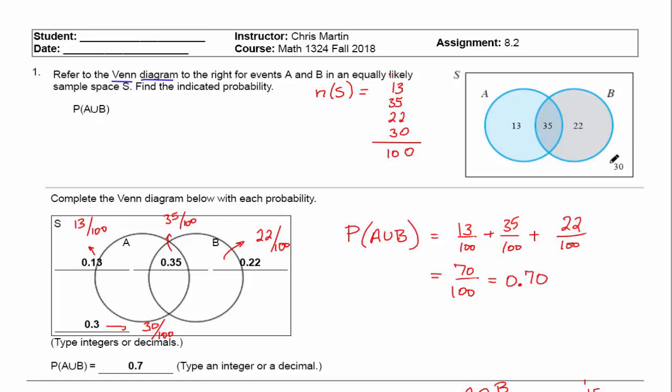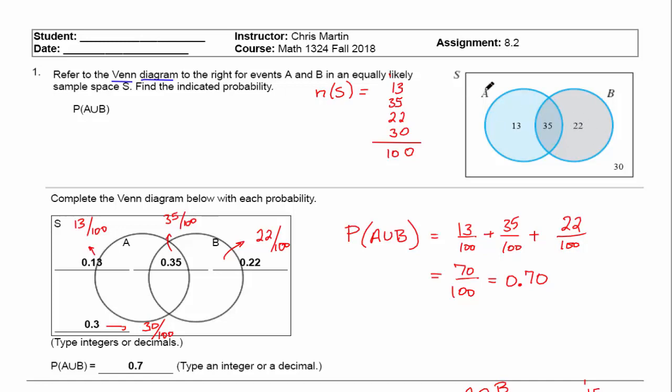This number represents the count of how many things are outside of these two circles. The part where A and B overlap, the intersection, there are 35 things in there. Just in A is 13, just exclusively in B is 22.